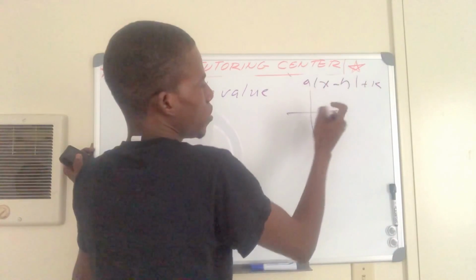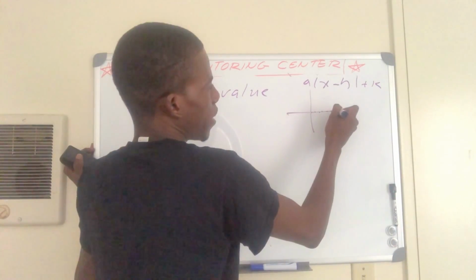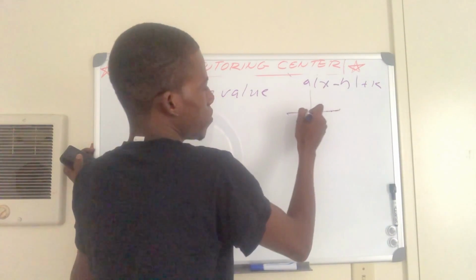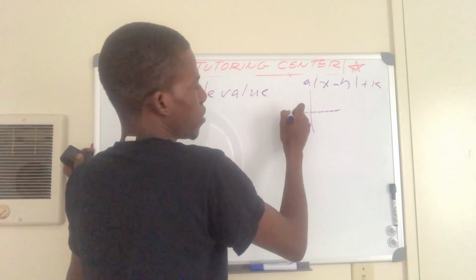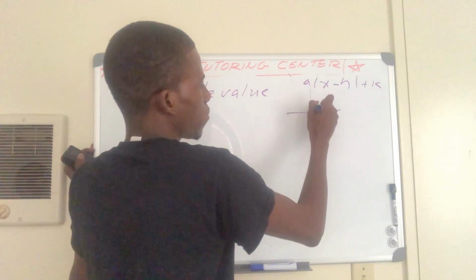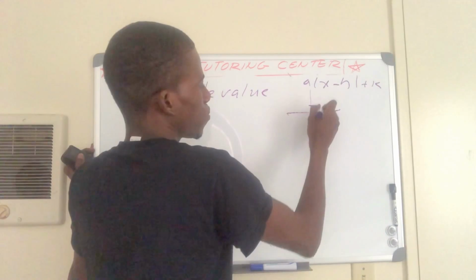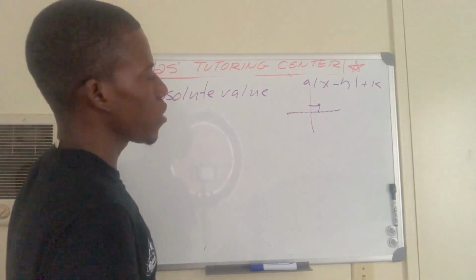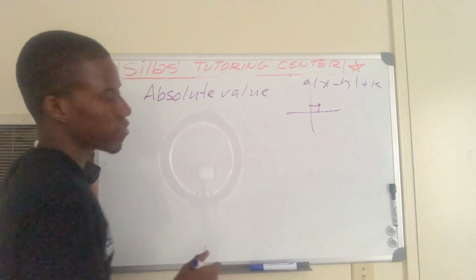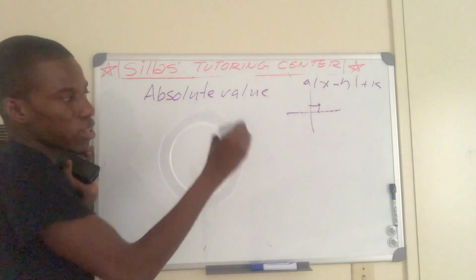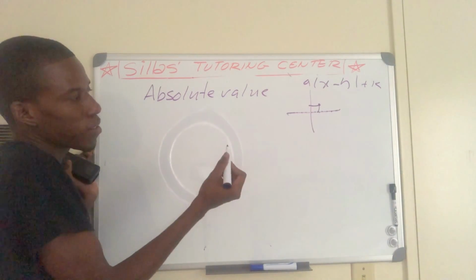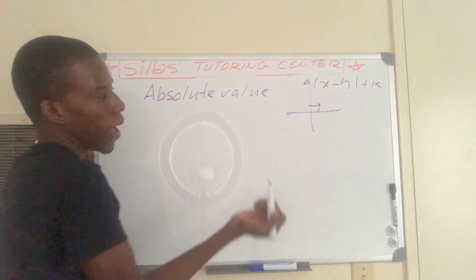If k is 0, h moves it to the right when h is positive, to the left when h is negative. If it's hk, you have to find k so you can find the point. It's going to be somewhere in the coordinate system, but not exactly on the axis.